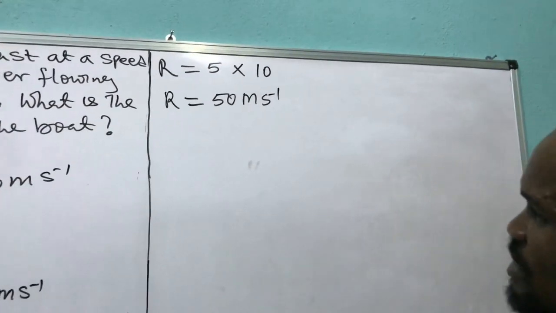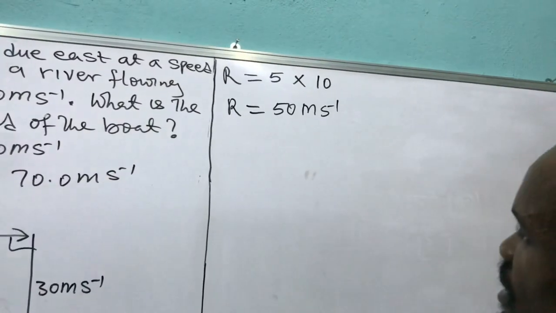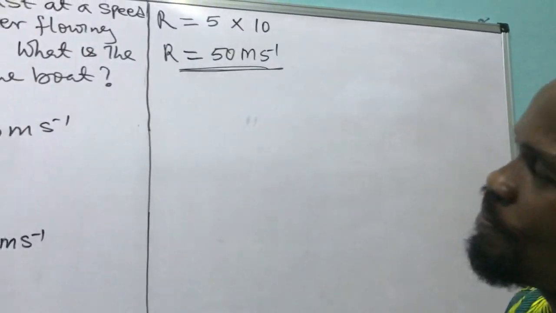That's my resultant velocity. The resultant speed of the boat is 50 meters per second.